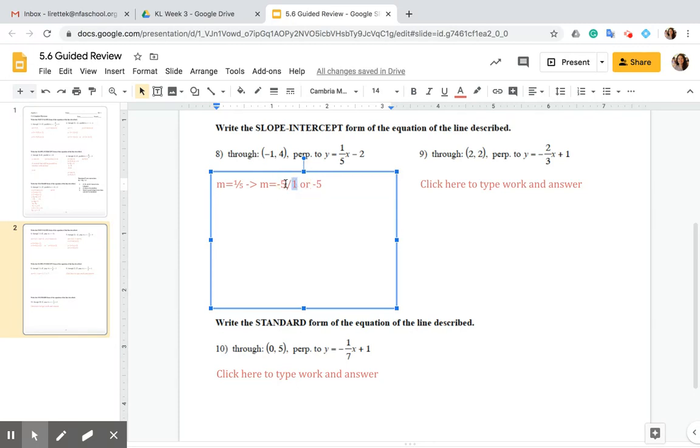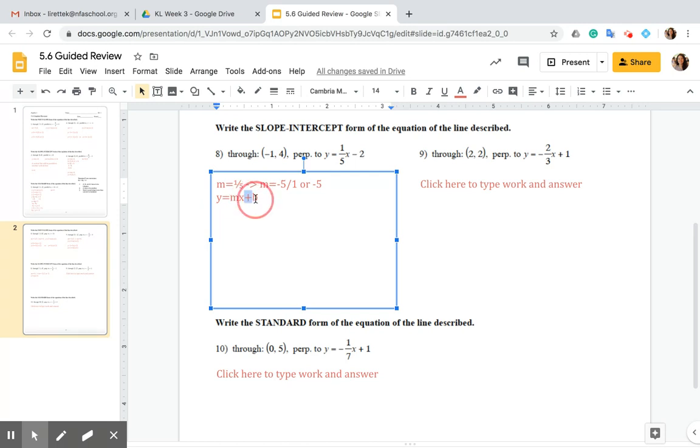If your slope is over 1, you can omit this part. It's just understood to be negative 5, okay? I think it makes the math a little bit easier when your slope's reduced to integers like this. All right, now slope-intercept form is y equals mx plus b, and just like on page 1, we're going to ignore the original b value.